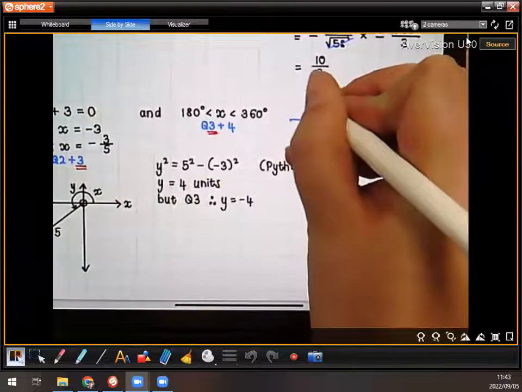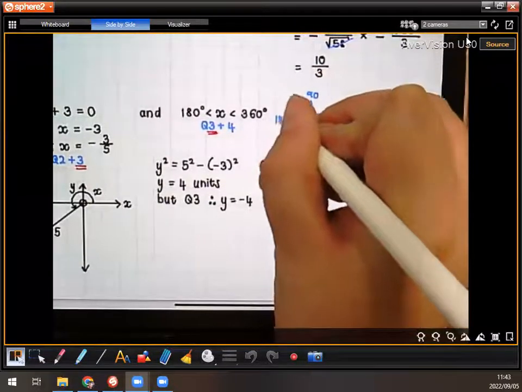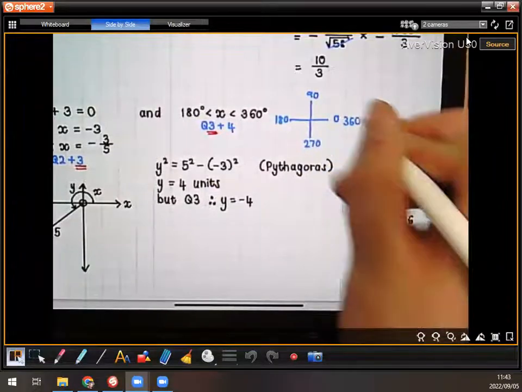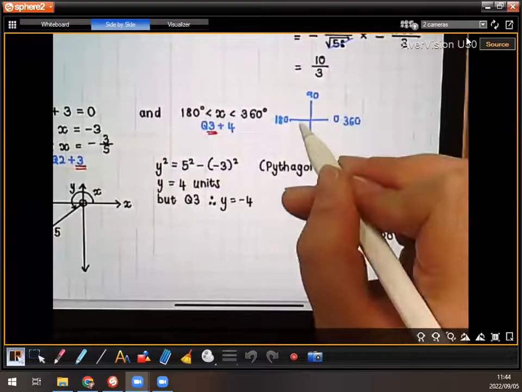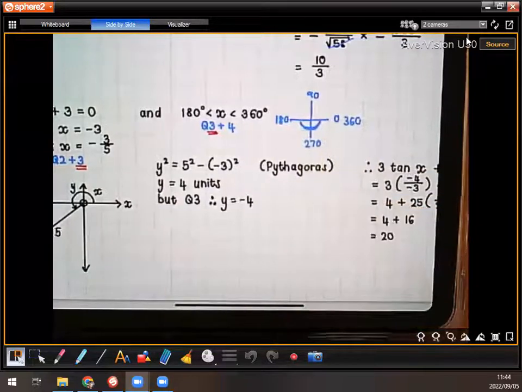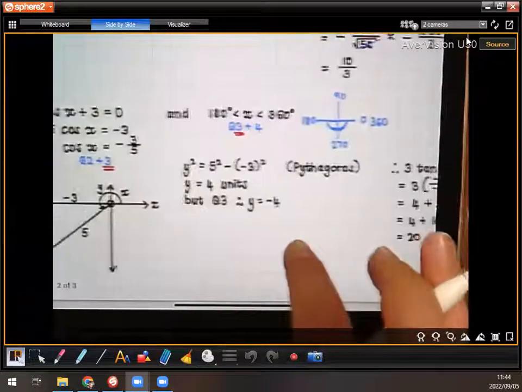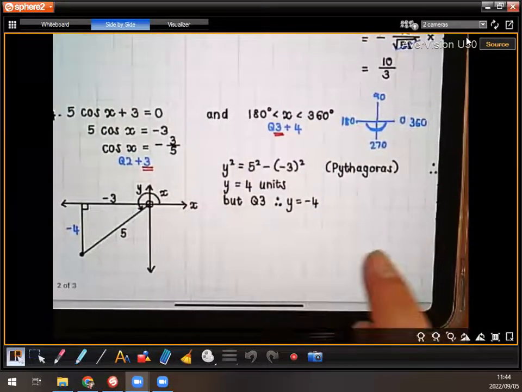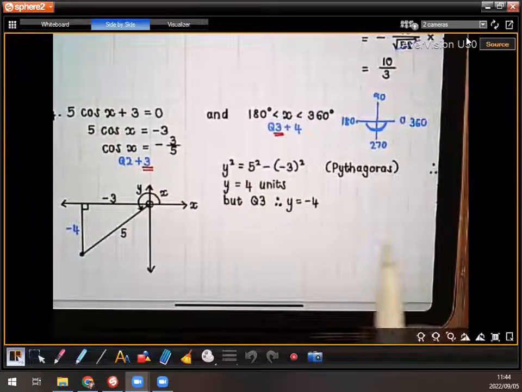Remember that's 0, 90, 180, 270, and then 360 there at 0 as well. So they were talking about between 180 and 360, which is going to be quadrant 3. Okay, so then I underlined the one that satisfies both conditions, so that was quadrant 3.